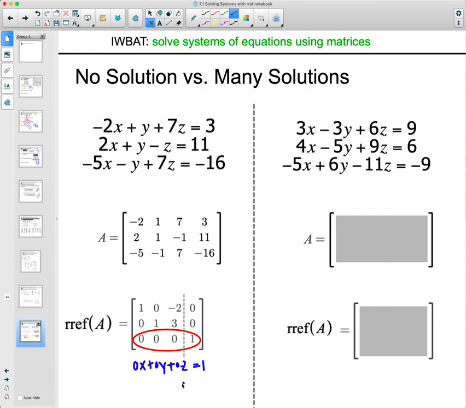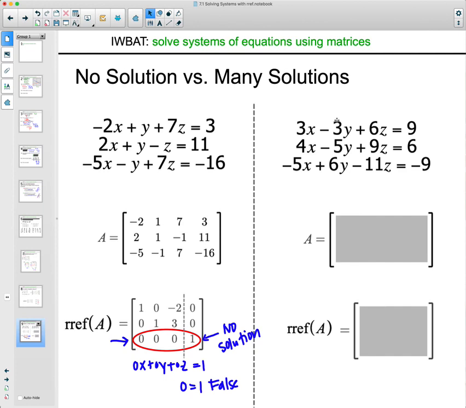So this is all 0 equals 1. You always want to look at the bottom row first to make sure whether there's a solution or not. This bottom row says that 0 equals 1. That's a false statement, 0 does not equal 1. So this right here means no solution when the bottom row looks like that.